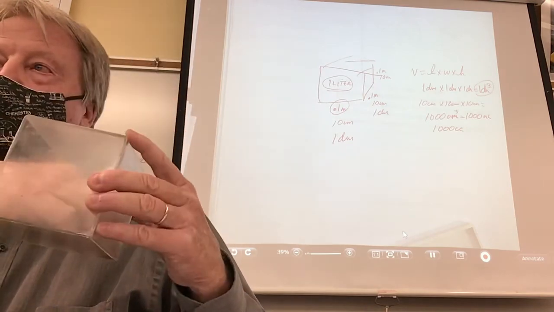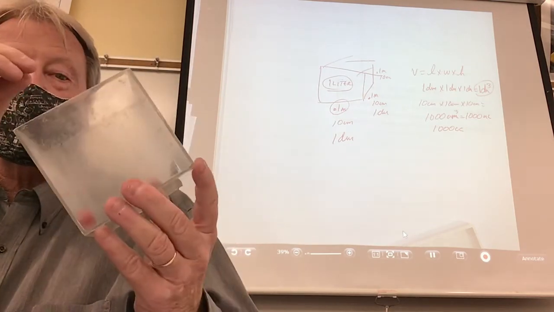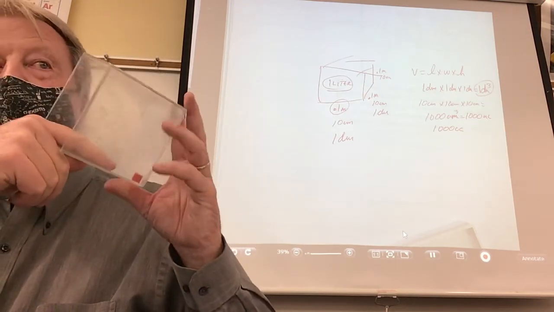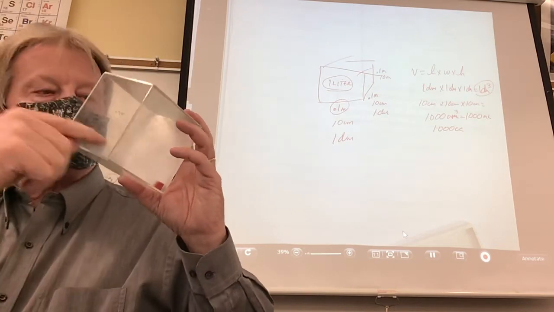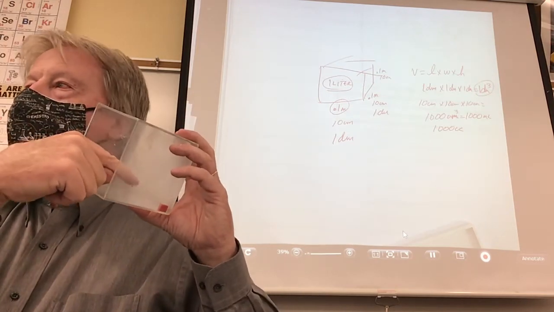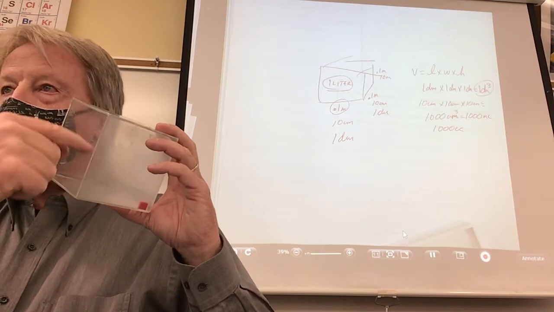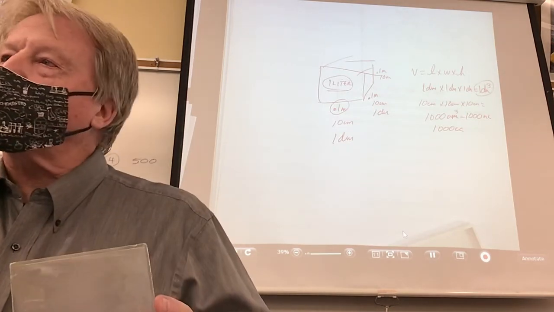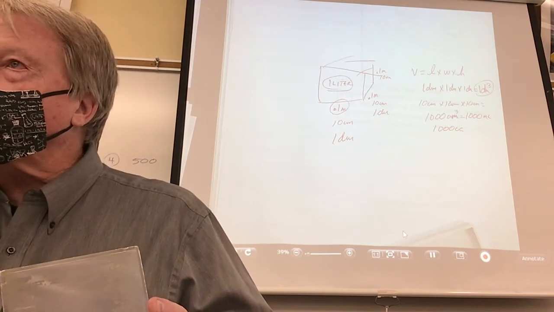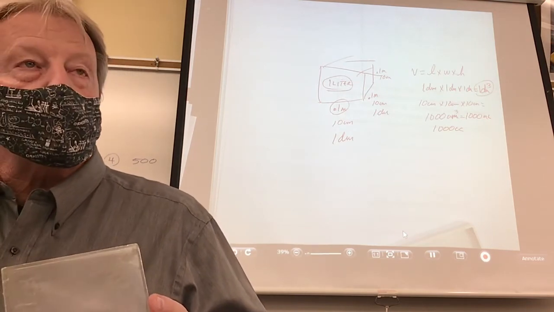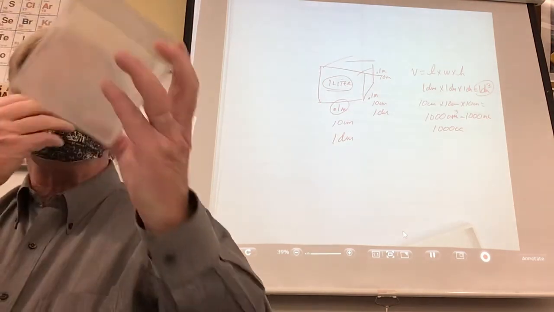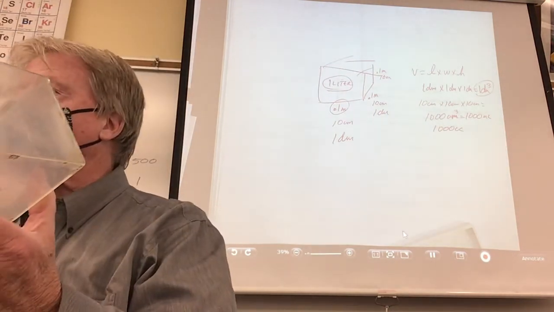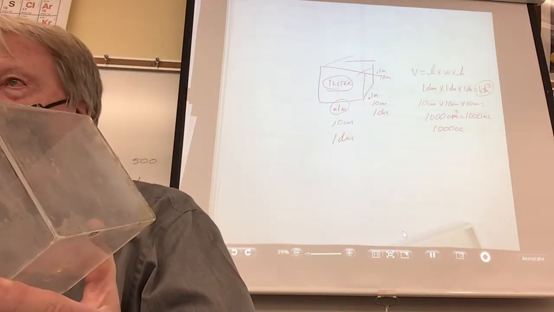How many of these will fit in there? Then that must be called a what? If 1,000 of you fit in there, you must be a milliliter. You're 1,000th of a liter, aren't you? A milliliter is a cube that's 1 centimeter long, and this is a cubic centimeter. The box is 1,000 cubic centimeters. It's 1,000 milliliters. You get it? Same thing.